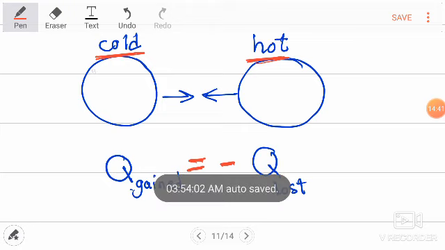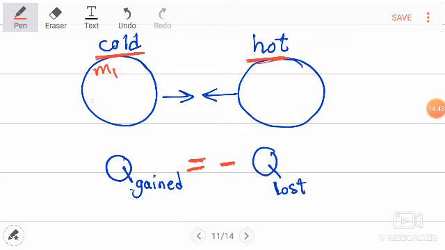The mass of the cold object is M1, its specific heat equals C1, and its temperature is T1. The mass of the hot object is M2, its specific heat C2, and its temperature equals T2.